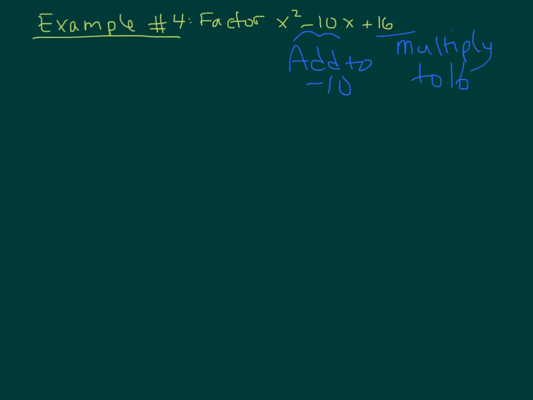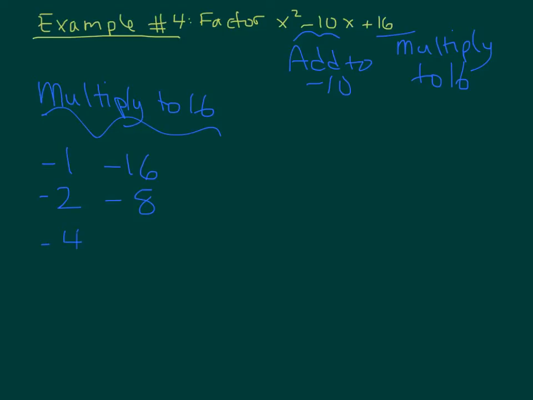So I'm going to go ahead and list out everything that I know multiplies to +16. Since I know that I want it to add up to a negative number, I'm not even going to bother listing only positive things. I'm going to start with -1 and -16. I also have -2 and -8.